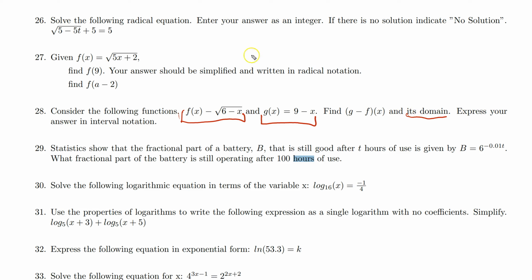And our domain here, let's do that part first, is going to be 6 minus x. That will indicate what our domain is going to be limited to, because we can't have any value of x that would make this radicand less than 0, that is, a negative value.